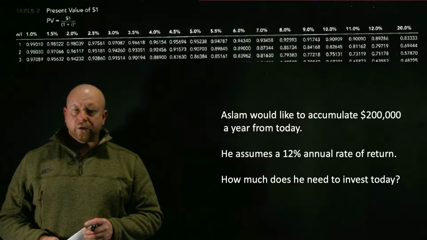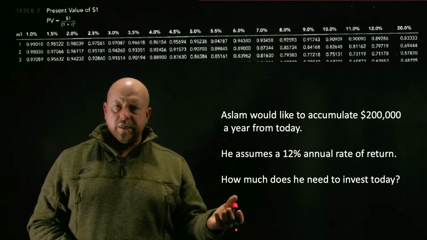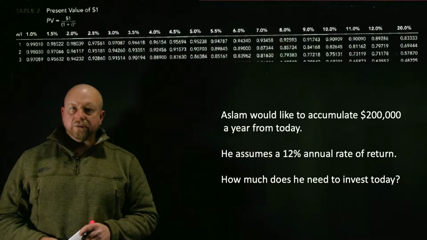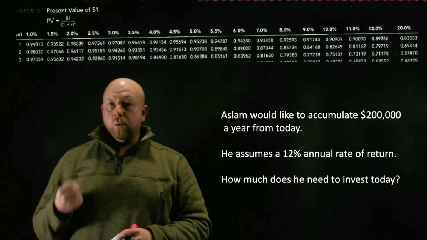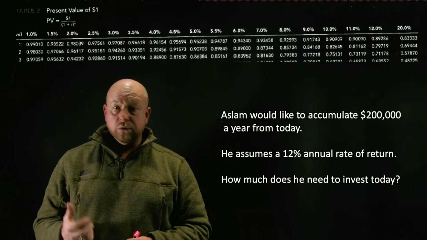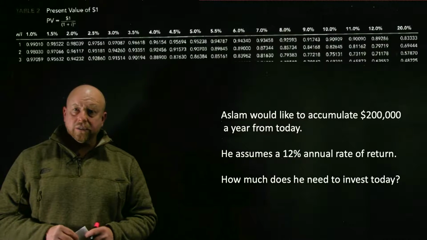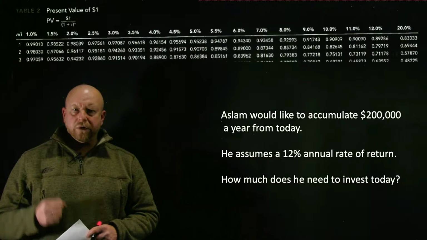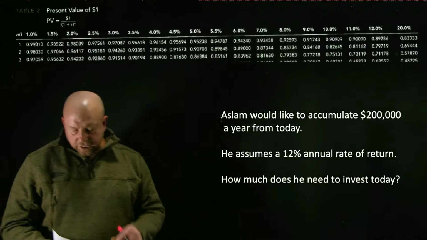So the tables I'm going to show you in the rest of this video are not things that working professionals necessarily use in their day-to-day calculations, but they are used in the academic environment to illustrate some of these principles. So let's take a look at this right here.